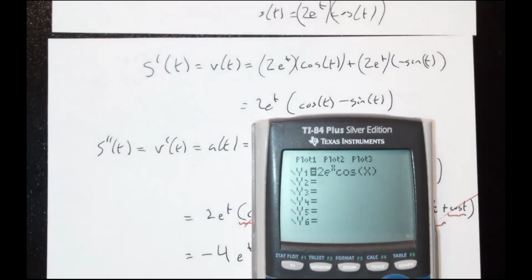I'm going to graph this on the standard window, minus 10 to 10, minus 10 to 10. I can barely see it.